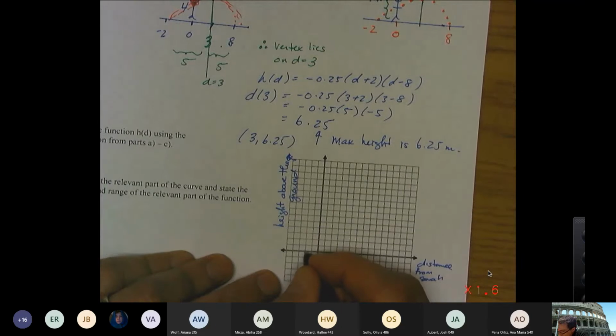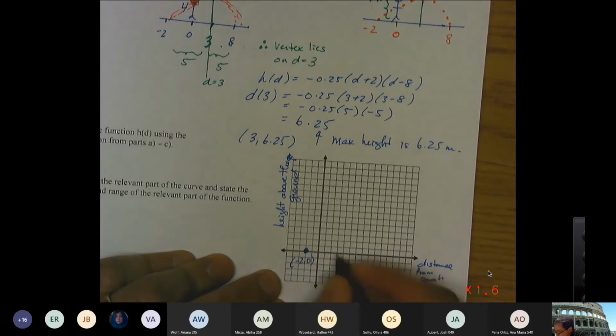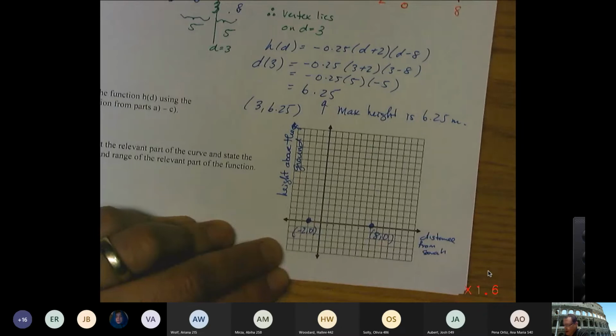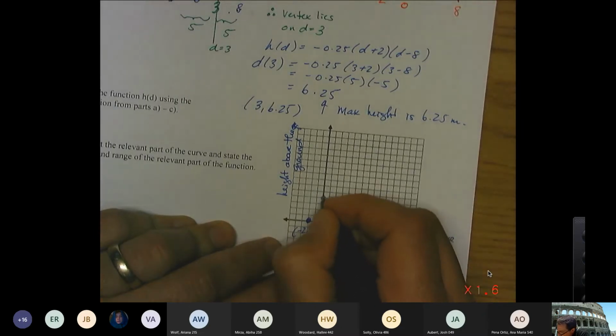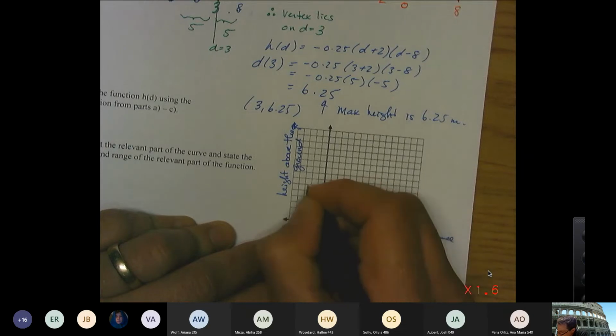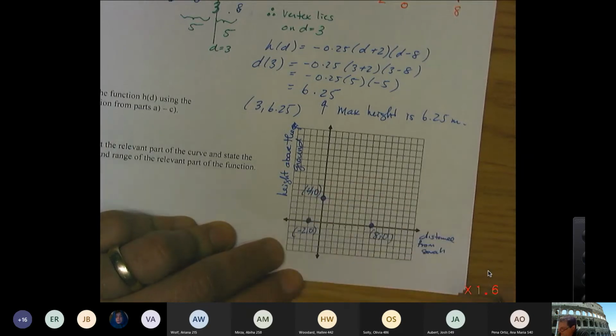I know that one of my points is negative 2, 0, one of the x-intercepts. I know the other intercept is 1, 2, 3, 4, 5, 6, 7, 8, so 8, 0. I know that it crosses at 1, 2, 3, 4, because that was when it was launched. So that's 4, 0.